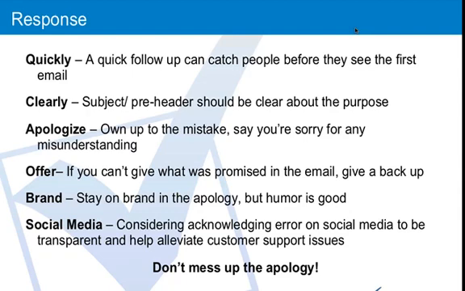And also, if you're a company that has a customer support department, that can help alleviate issues that might come through them if they get calls from people who are saying, I don't understand this email. So putting information on social media is also a great way for you to be able to address what might have happened.